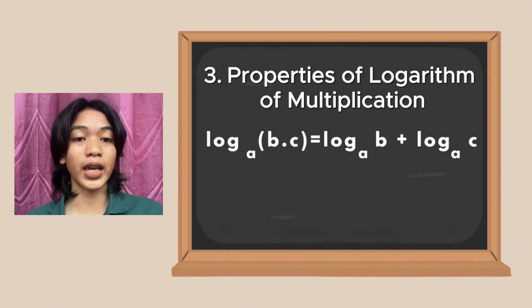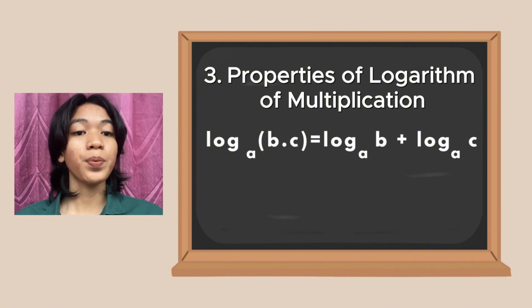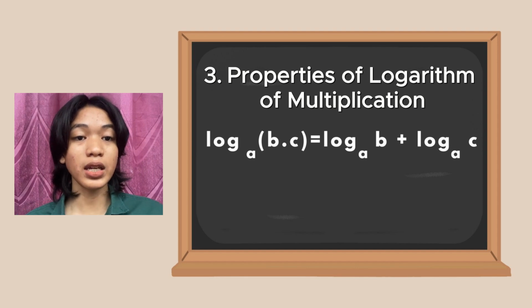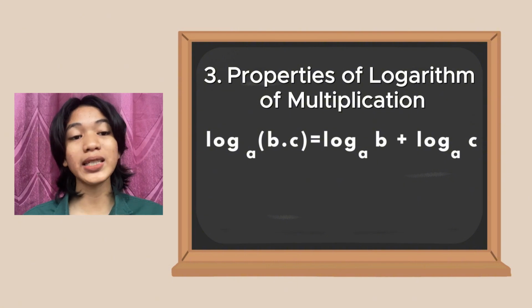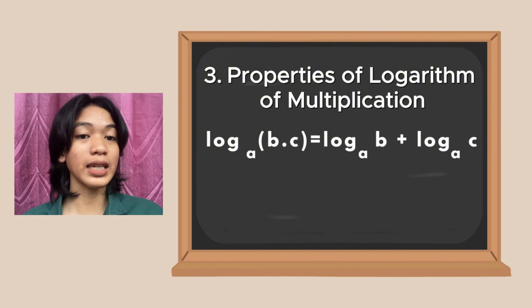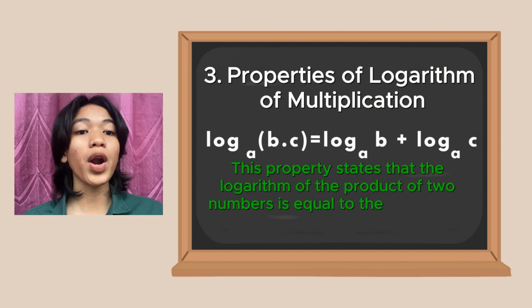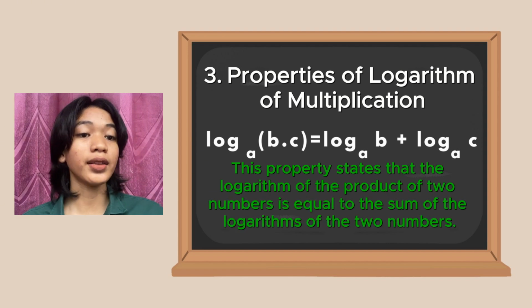3. Properties of logarithm of multiplication. Log base a of b times c equals log base a of b plus log base a of c. This property states that the logarithm of the product of two numbers is equal to the sum of the logarithms of the two numbers.